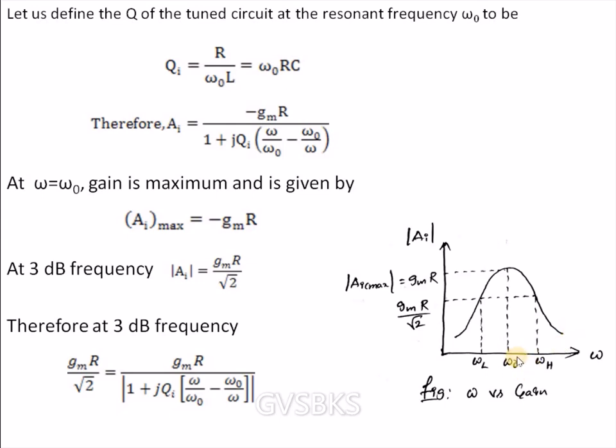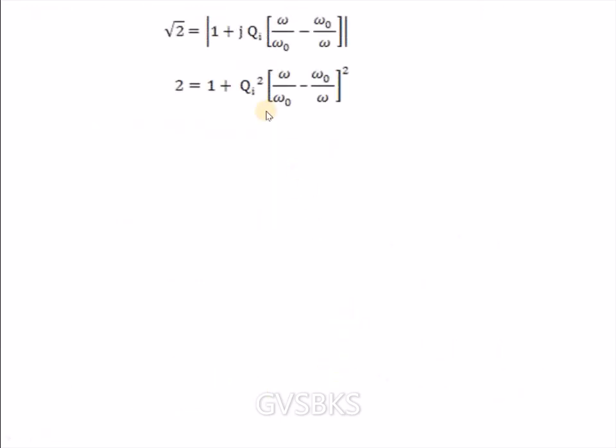So here you can observe that at the resonance frequency omega naught we get the maximum current gain, that is Gm R, and at the 3 dB frequencies omega L and omega H the gain is Gm R by root 2. So in this equation we are equating the denominators.